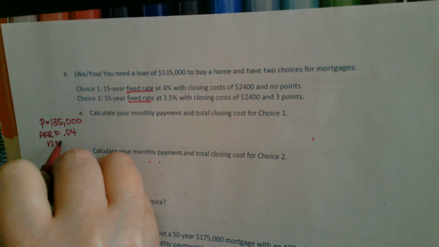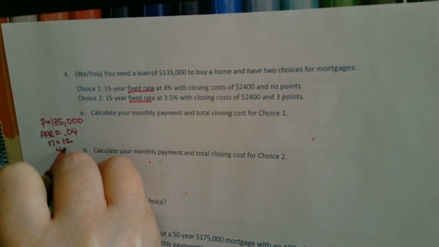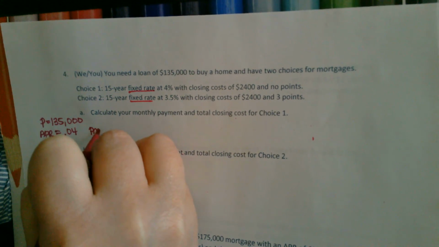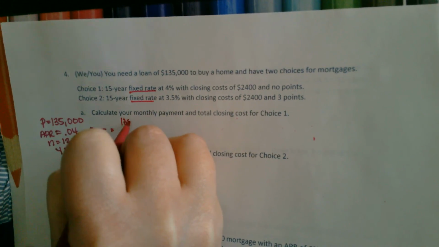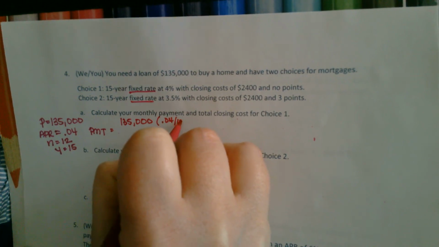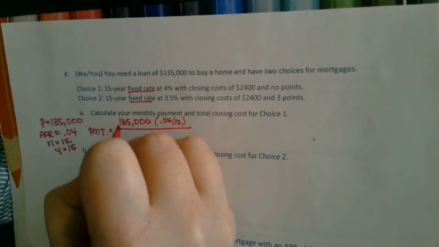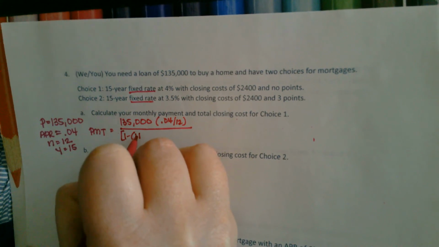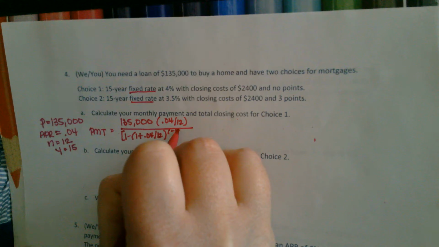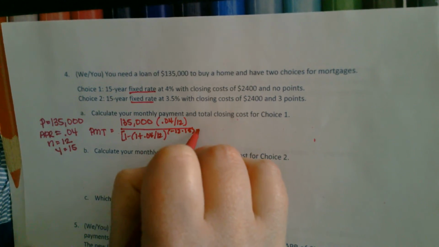My N, I'm making a monthly payment, so it's going to be 12, and I'm doing this for 15 years. So my payment is going to be $135,000 times 0.04 divided by 12, all over 1 minus 1 plus 0.04 divided by 12 raised to the negative 12 times 15.